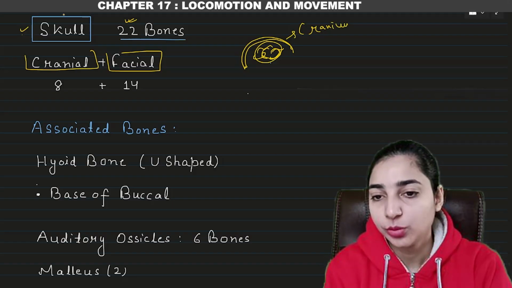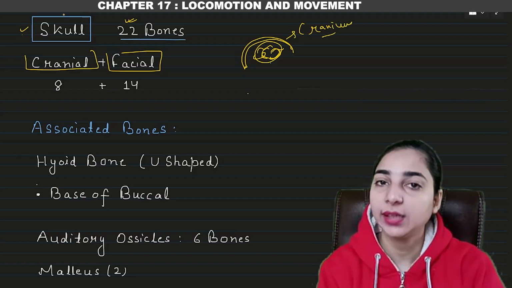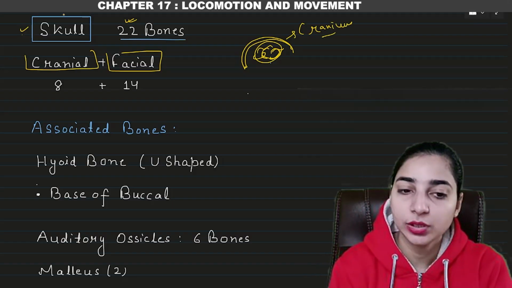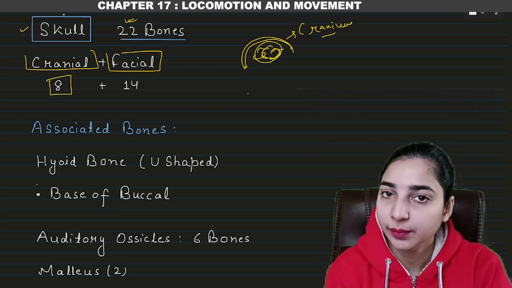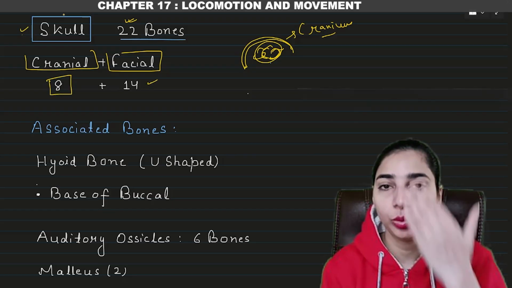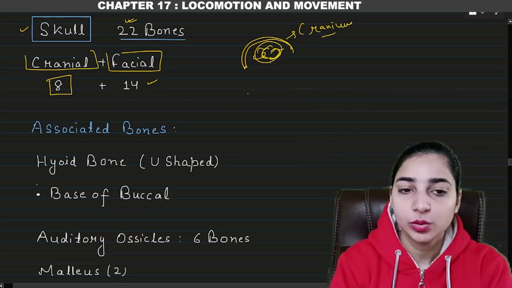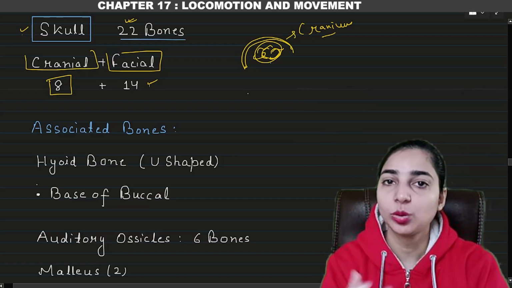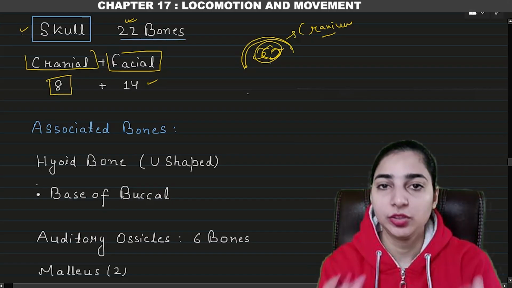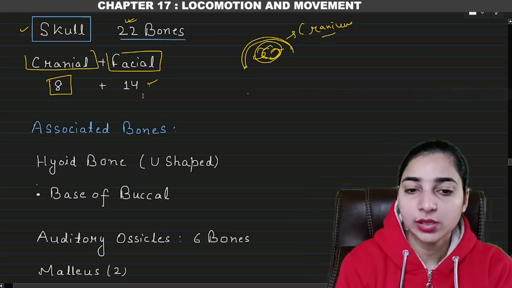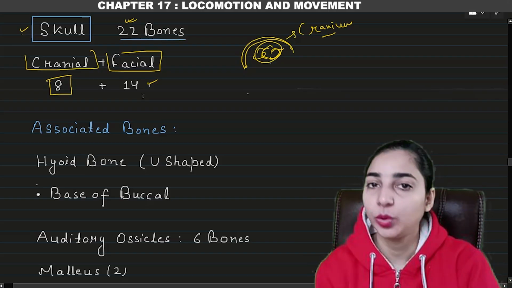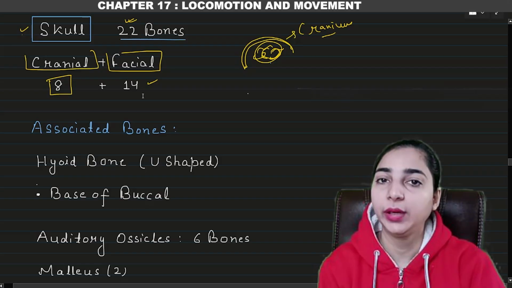The bones which make up this cranium are known as cranial bones. So how many cranial bones are there? 8 cranial bones are there, and 14 facial bones, the bones present in our facial region. So the total skull region consists of the cranium plus the facial bones: cranial bones are 8 in number, facial bones are 14 in number, making up a total of 22 bones.